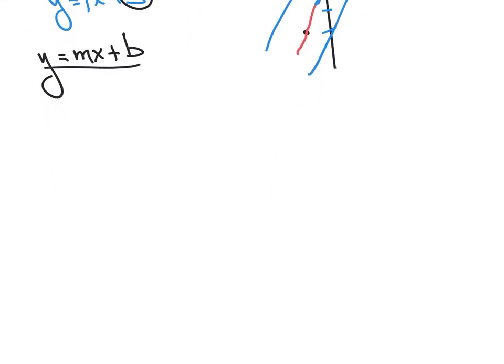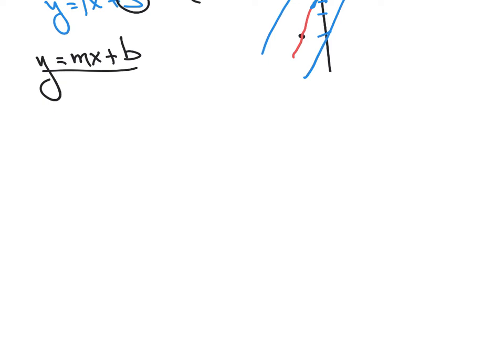And once a line, or once an equation, is put into that form, you can graph the line really quick and easy. So let's look and see what we can do with this. Example 1 gives me the slope, negative 4/3, and it gives me the y-intercept of 5, and they're asking me to write the equation.